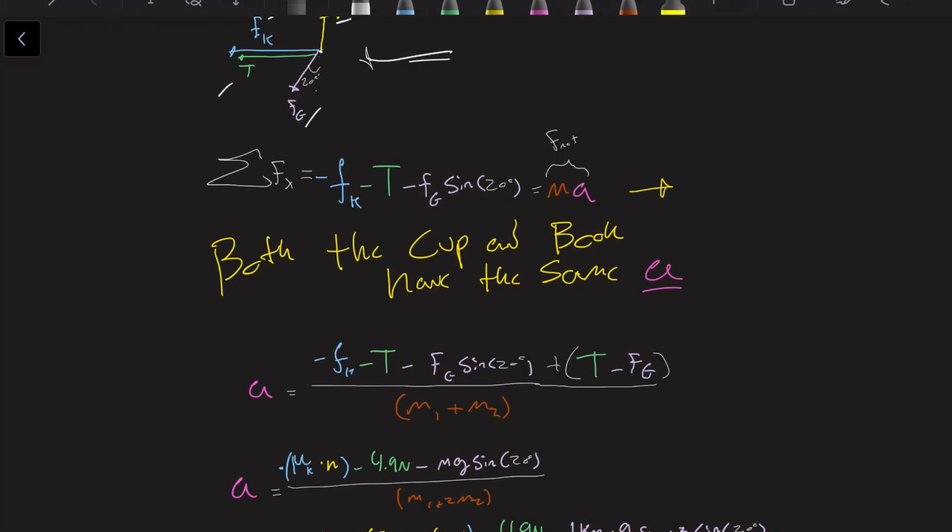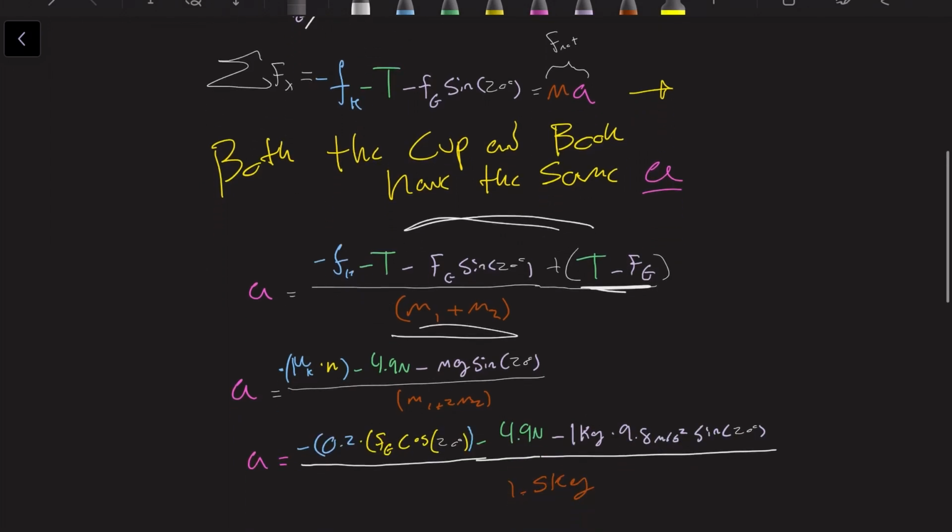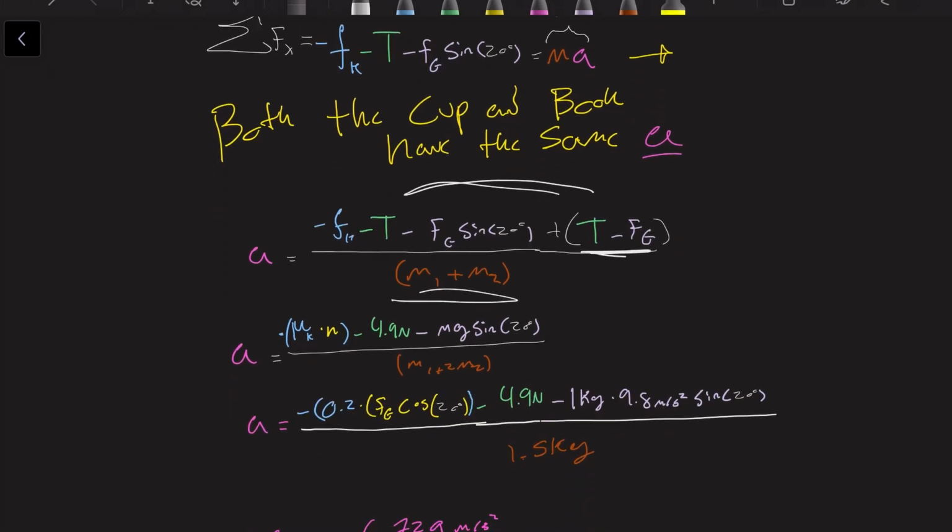So you have to sum everything up. That's why we have both masses summed here and these terms here. And as I mentioned before, for the cup, these things will cancel out. They will go away.